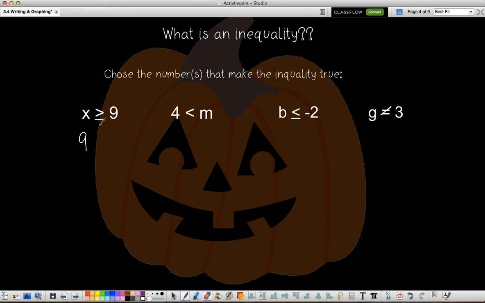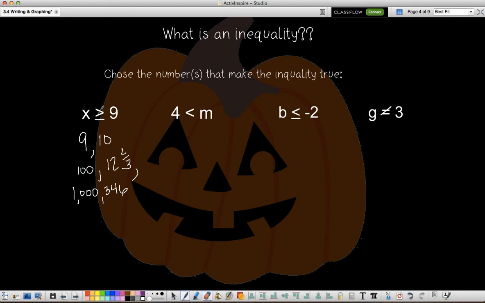It is equal to, so 9 is a solution. And we could do 10, we can do 100, we can do 12 and 2/3, we can do 1,346,000. Okay, all of these numbers are solutions to this inequality.